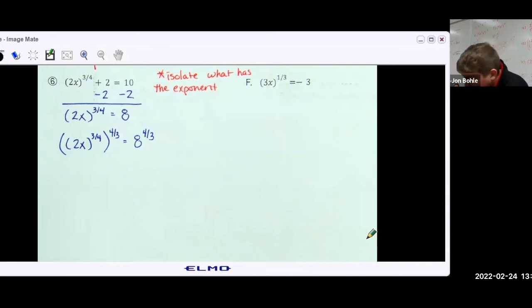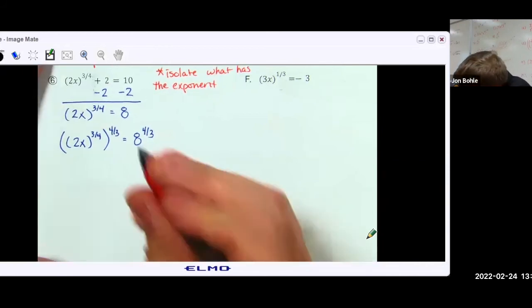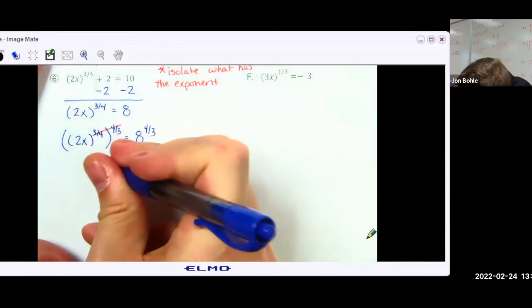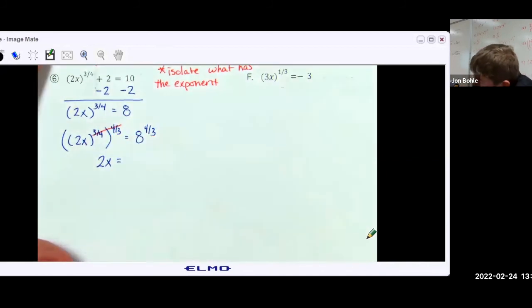All right. What happens with the 3/4 power and the 4/3 power? Okay, 8 to the 4/3 power. This is a time where it's acceptable just to put it into your calculator.